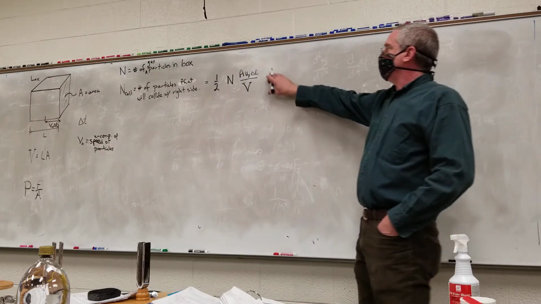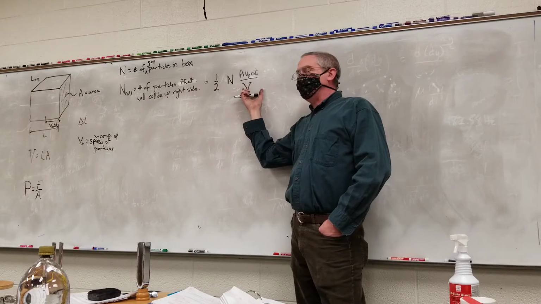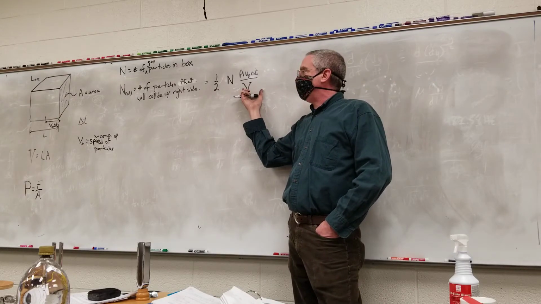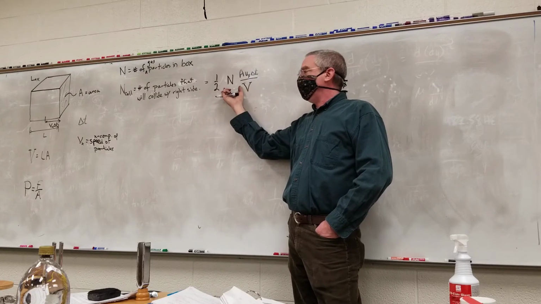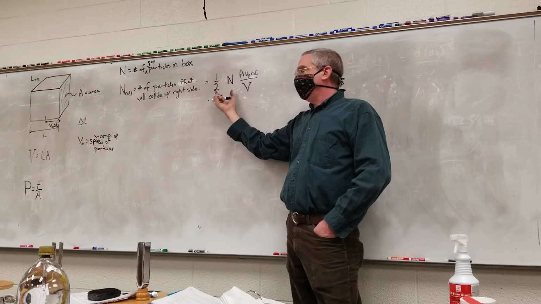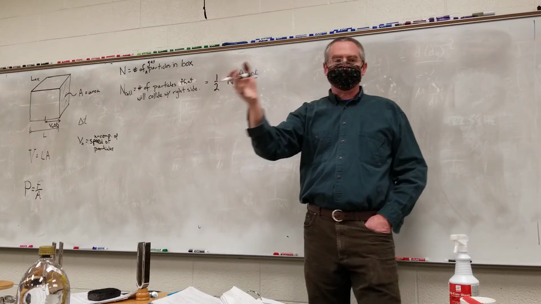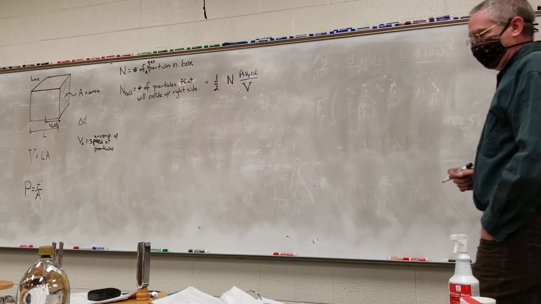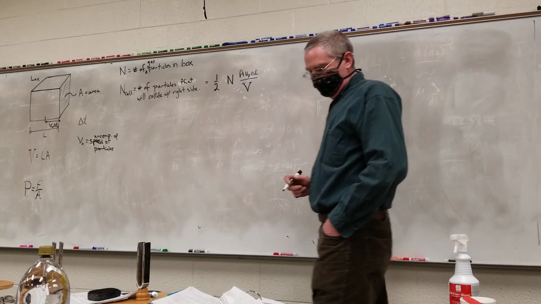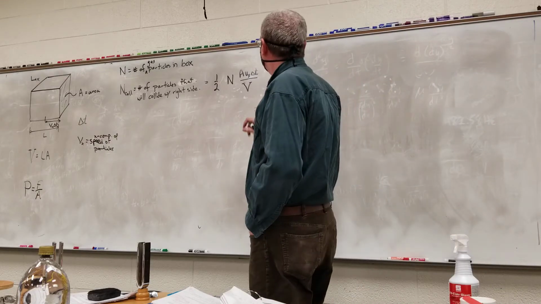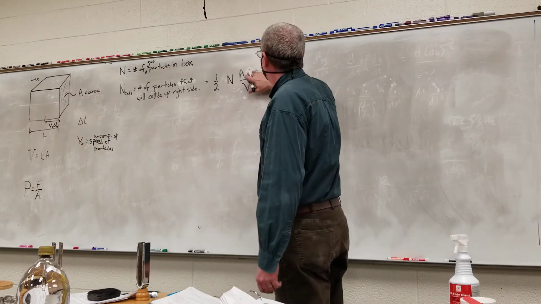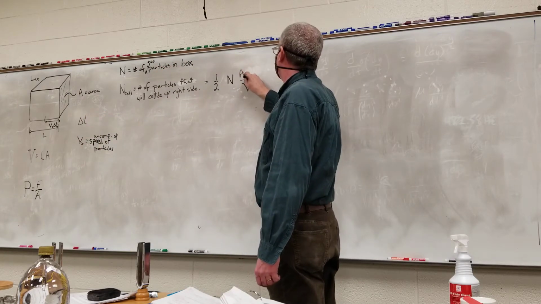Again, this is the fraction representing the part of the box that particles could be in order to actually hit the right side. N is the total number of particles, and the 1/2 is because you're just as likely to have particles going left as going right. So it's A times vx times delta t.